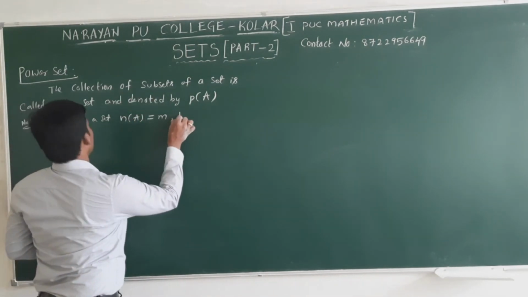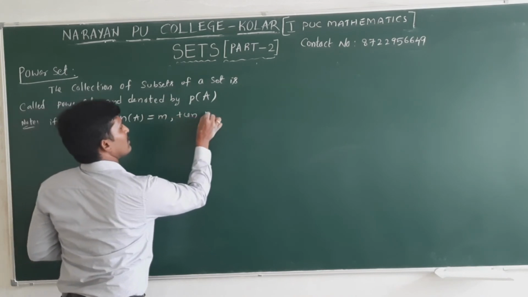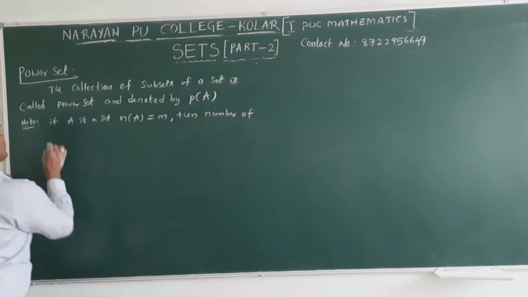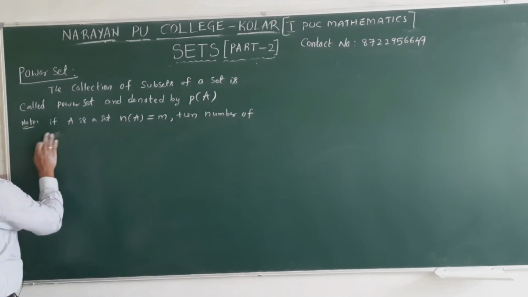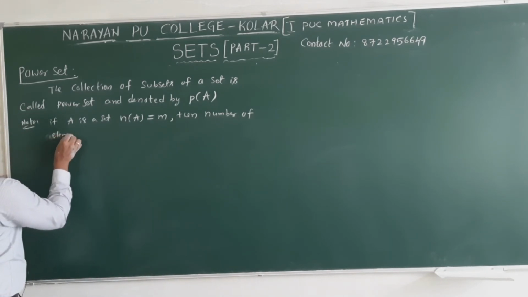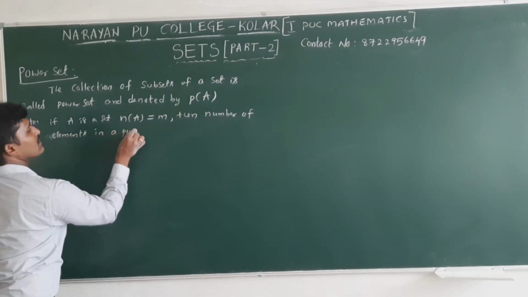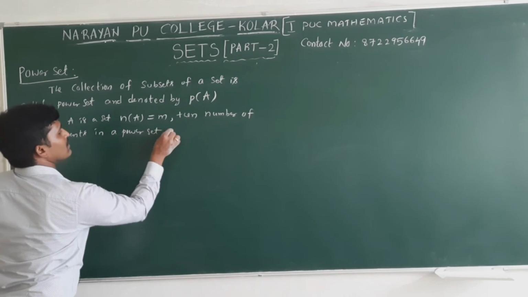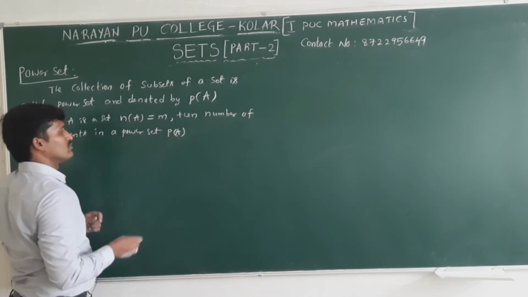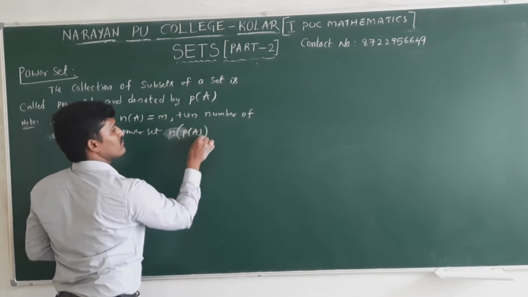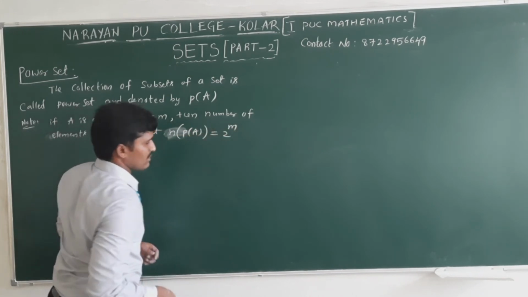Then the number of elements in the power set P of A, that is n of P of A, is 2 power m.